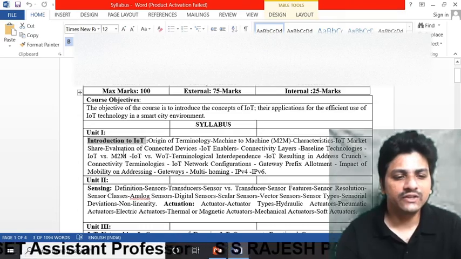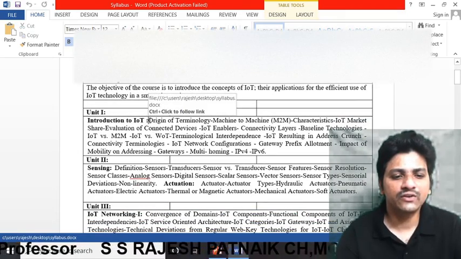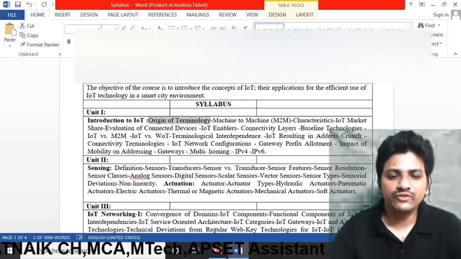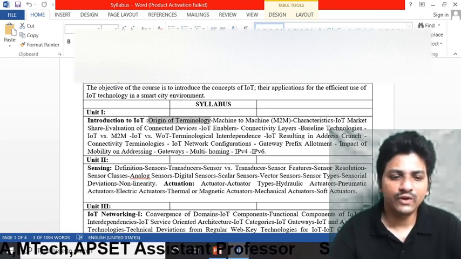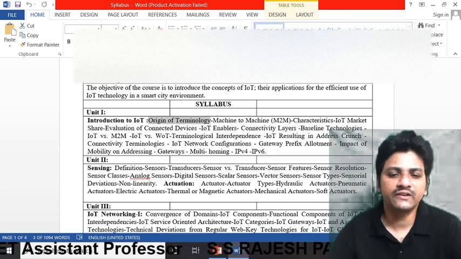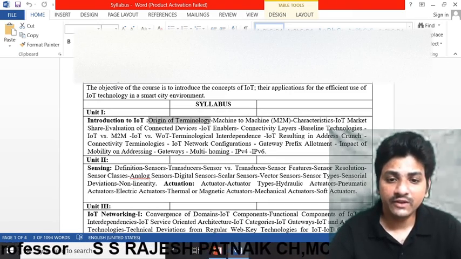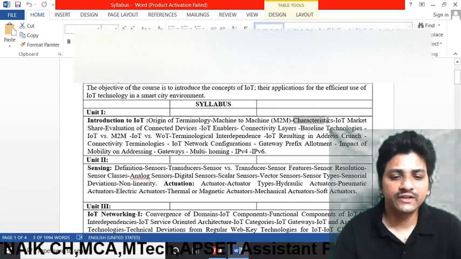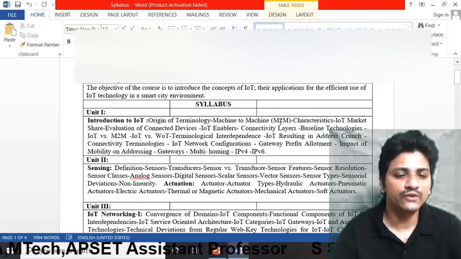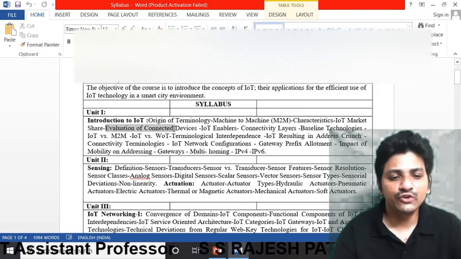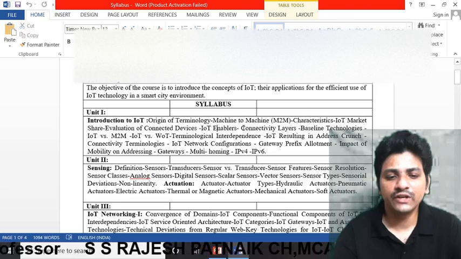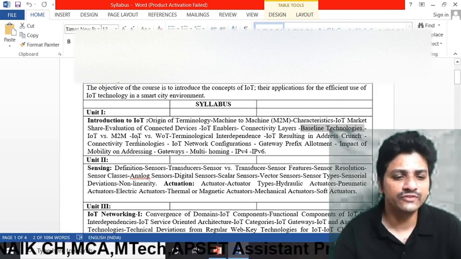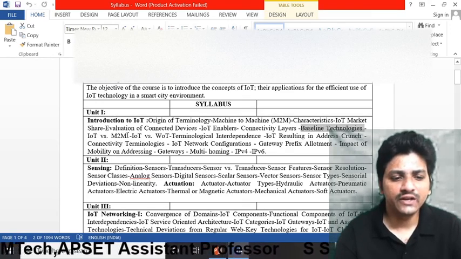So, actually, in the first unit, we have to understand the concept of origin of technology and what is machine to machine communication, what is M2M, what are the characteristics of IoT, and what is the market share evolution. So see here, we need to understand the characteristics and the IoT market share, evolution of connected devices, IoT enablers, connectivity layers, baseline technologies, IoT and M2M.